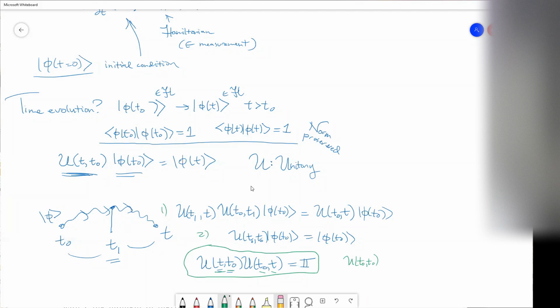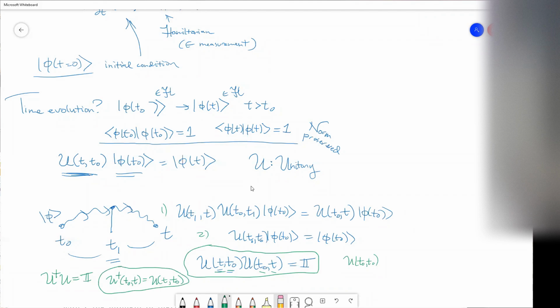That's a logical kind of thing. And we know, since you mentioned it's unitary, that u dagger u is equal to the identity. You can conclude from that that u dagger of t naught going to t is just the time reversed evolution, from t back to t naught.